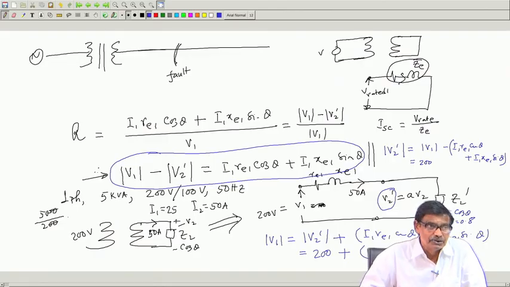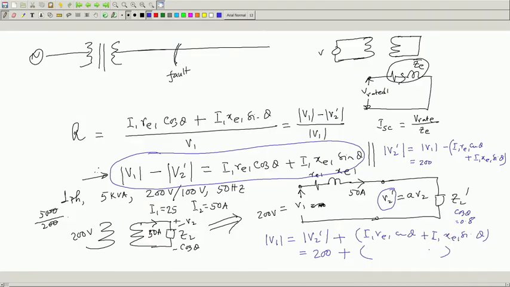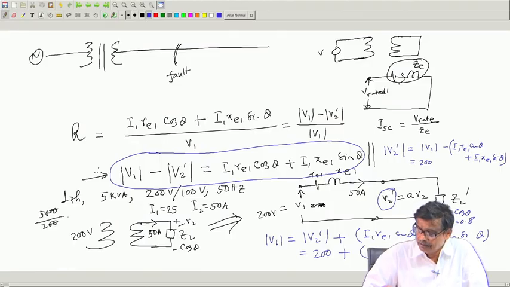I mean one should not think oh higher voltage, but its rated voltage is 200 volt. But as I told you R e 1 x e 1 are in general small. So, regulation may be of the order of 5%. So, with slightly more voltage applied, you will be able to maintain 100 volt across the secondary of the transformer.